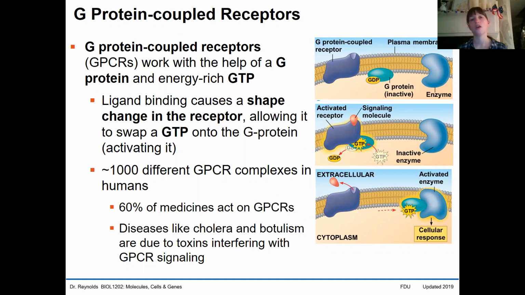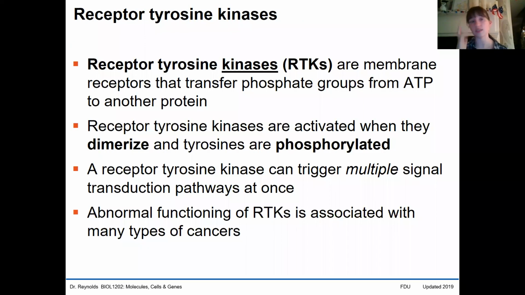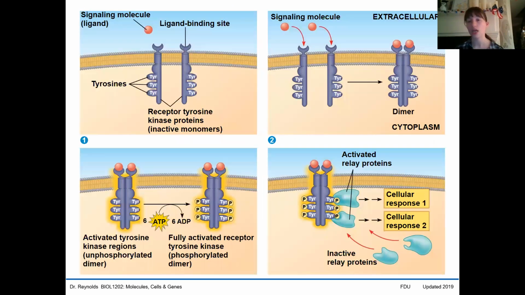Receptor tyrosine kinases are kinases that can act as receptors. These guys are going to do something a little bit different. Instead of having a special protein that they act with, two receptors will receive two ligands and then dimerize. Remember that di means two. So these are two of the same receptor tyrosine kinases coming together.